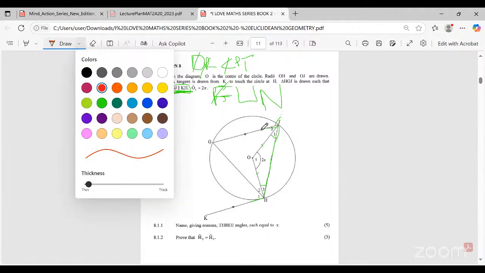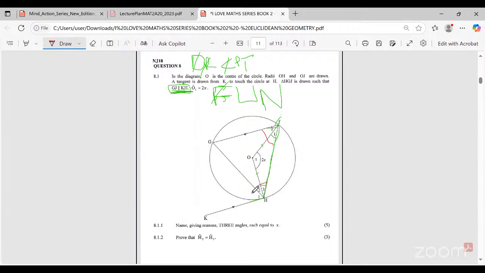Therefore, this angle plus that angle gives me 180 degrees, co-interior angles, because GJ is parallel to KH. Then our N: this must be equal to that only if this is parallel to that one. Therefore, my Z is here. This is equal to that. If this is X, that will be X. Alternate angles, then I state my parallel lines. So we are done with parallel lines.